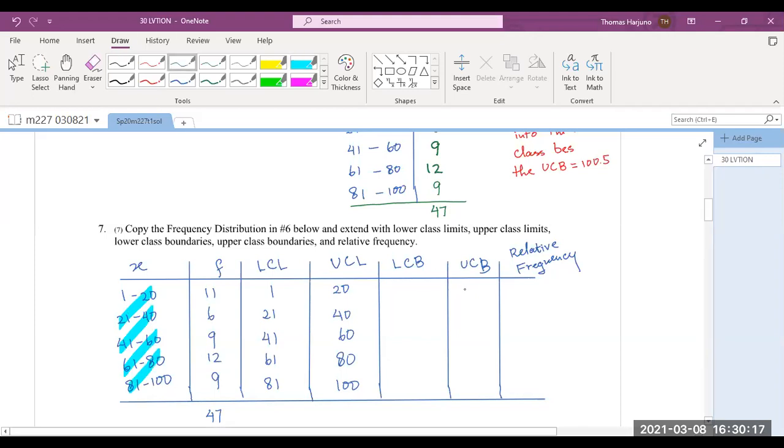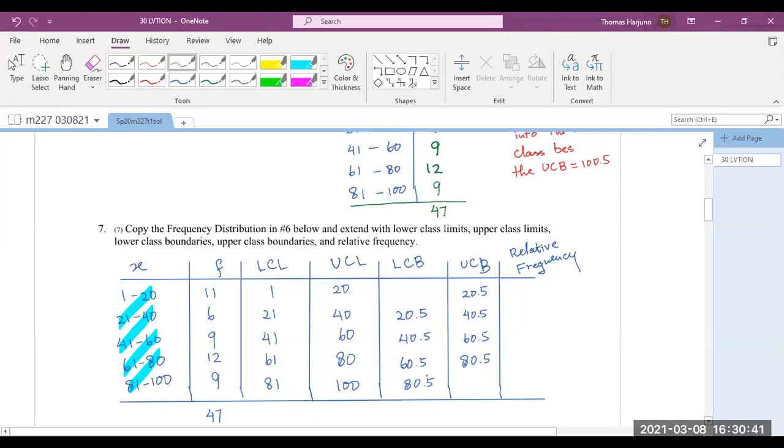So this will be 20.5. This is also 20.5. 40.5. This is also 40.5. 60.5. This is also 60.5. 80.5. This is also 80.5.